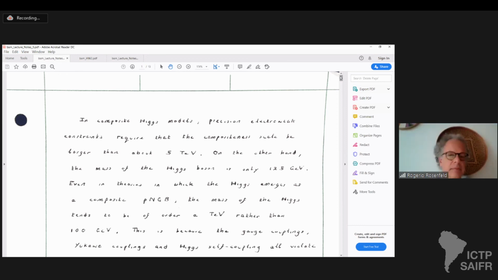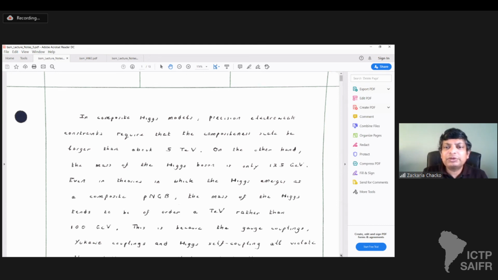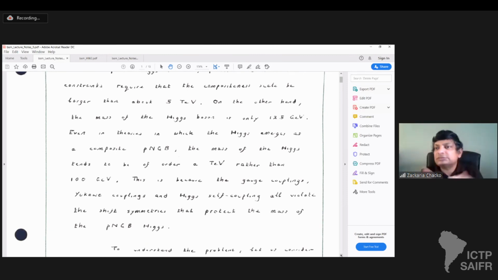Okay, so let me briefly explain what the issue is, because we won't go into this in detail now. In composite Higgs models, precision electroweak constraints require that the compositeness scale be larger than about 5 TeV. On the other hand, the mass of the Higgs is only about 125 GeV. So one way to get around that is to make the Higgs a pseudo-Nambu-Goldstone boson.